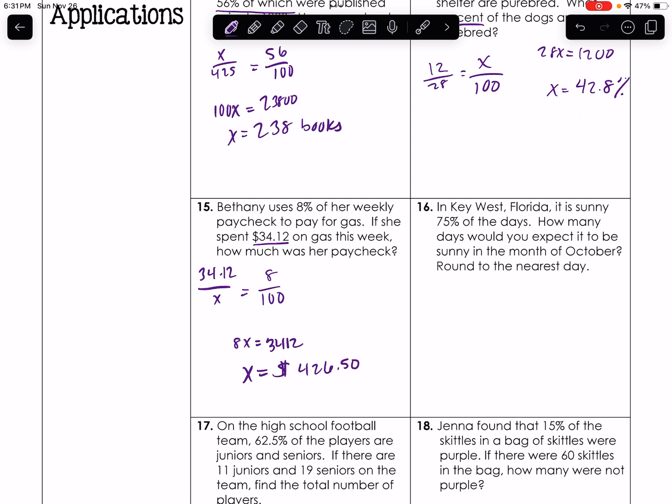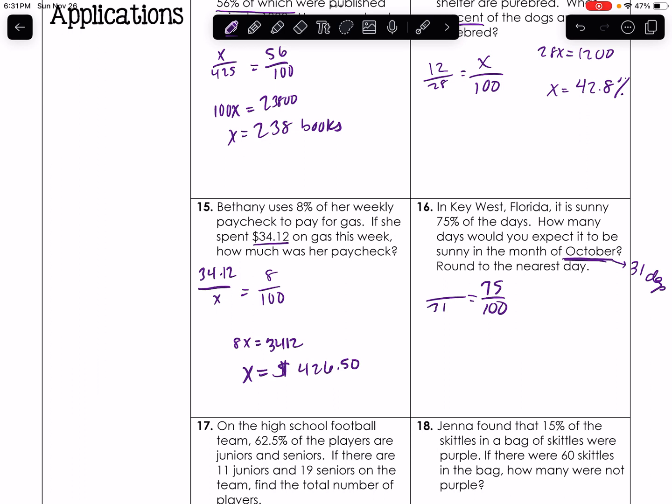Number 16, in Key West, Florida, it is sunny 75% of the days, so 75 is out of 100. How many days would you expect it to be sunny in the month of October? Okay, so we have to know that October has 31 days.